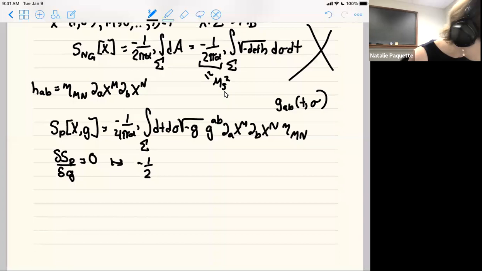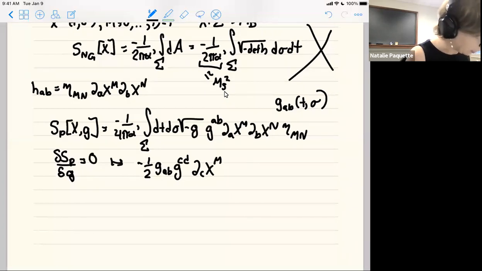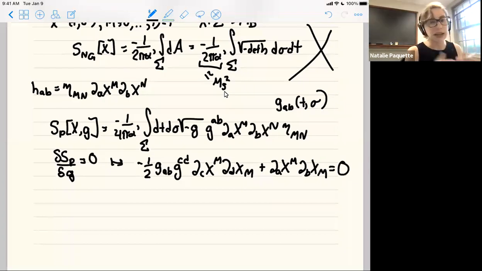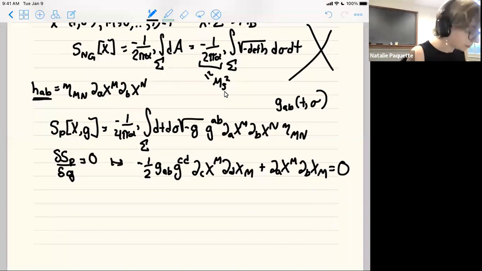I'll write it down for you just because in this lecture I'll write down some formulas. But with all of the formulas in this lecture, you're encouraged to double check them yourselves or review your favorite string theory text if you've never seen any of this stuff before, where everything will be broken down in much more detail than I'll have time to do today. So there's my classical equation of motion for G, and I can plug in my definition for the pullback metric, H_AB.